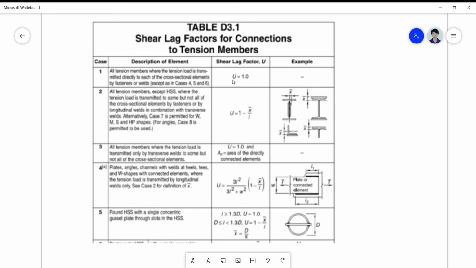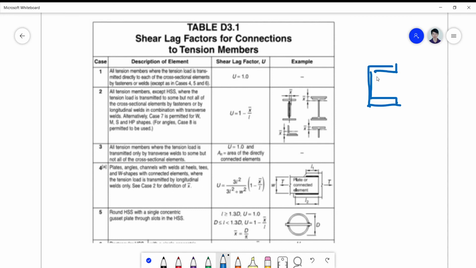your U is 1 right away. For example, let's have a channel section. If it is bolted here, bolted here, and bolted there, it means all the elements are bolted, then U is equal to 1.0.